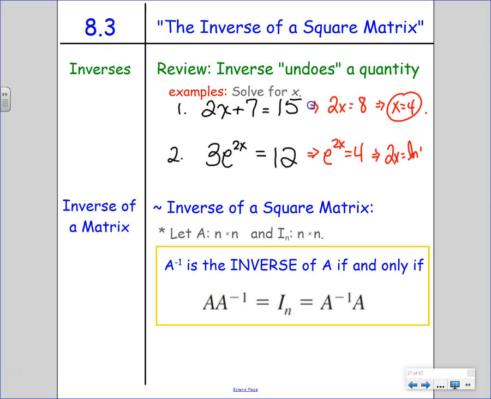No. It's not as bad as you think. Can we do that mental math? ln of e, ln of 4. We're okay? Now I can write it. Right? ln of both sides. Now, I would have to undo again with division, right? So I'd have ln of 4 over 2.